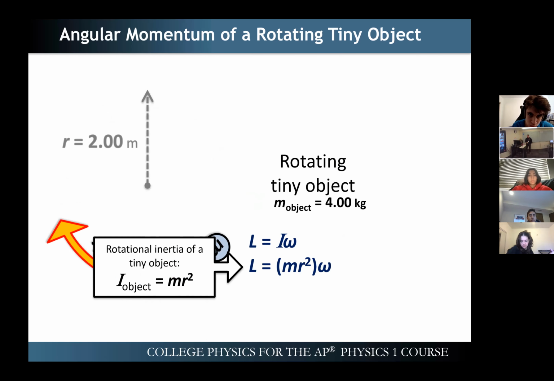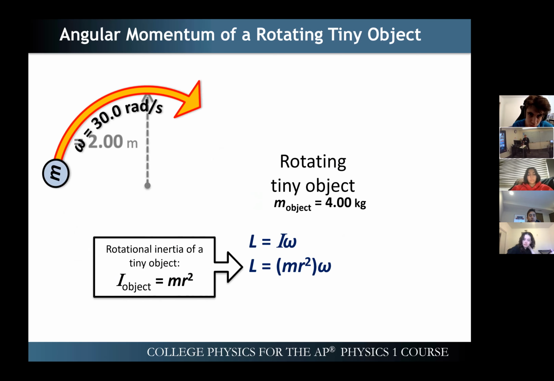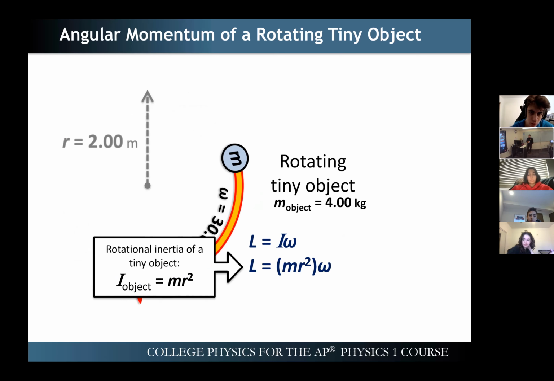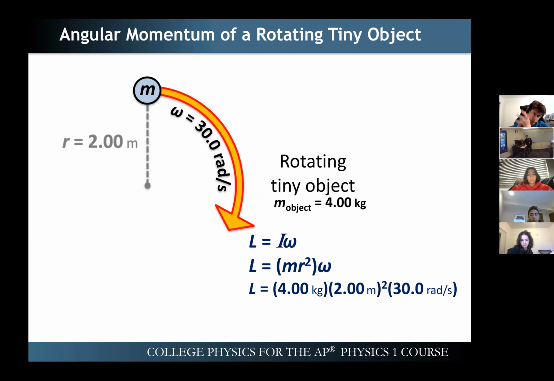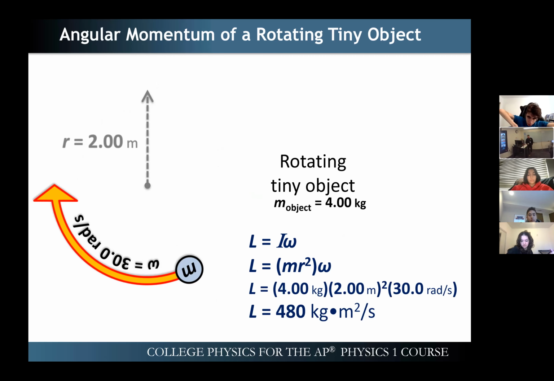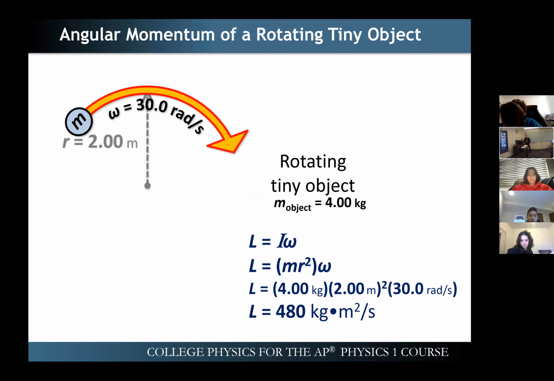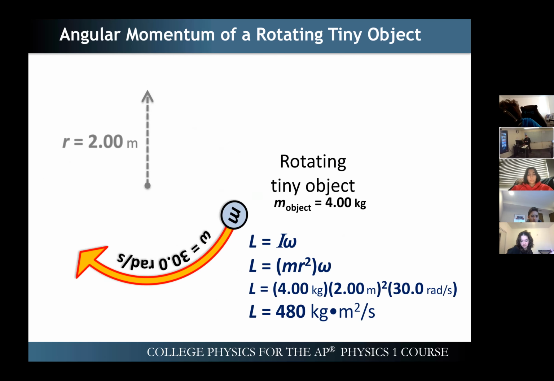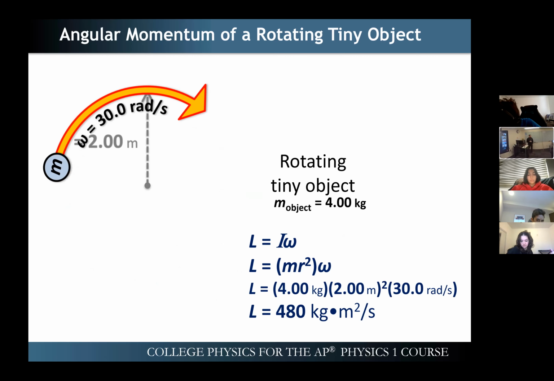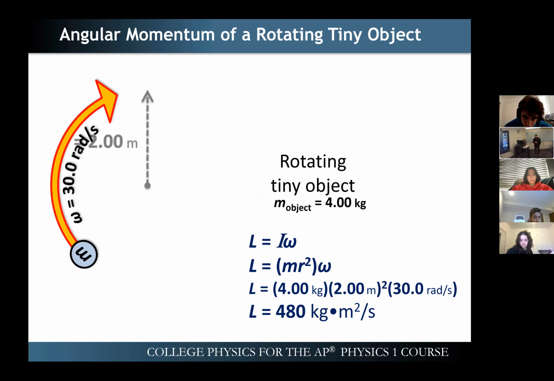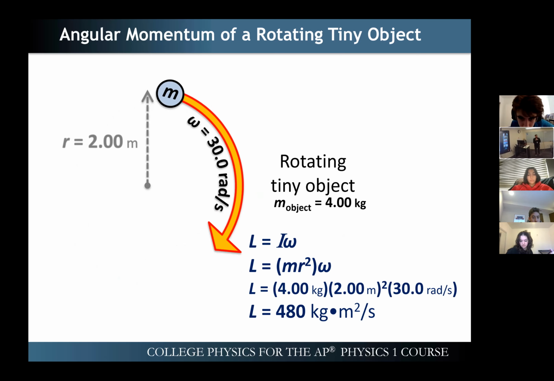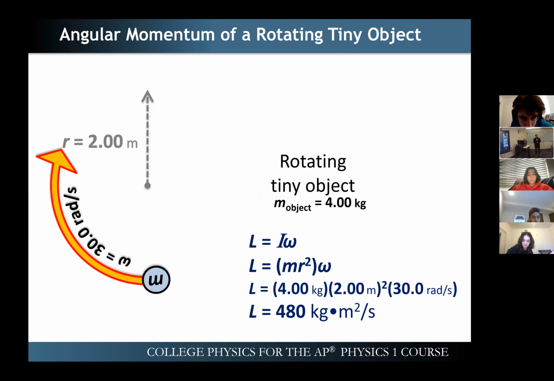So I, for a tiny object or a hoop, is mr squared. And so we know the m, we know the r, we know the omega. We can plug in all those numbers. And the momentum that this little particle has is 480 kilogram meters squared per second. That's pretty fast. Now, that's a pretty big value, but all the mass is compacted into that tiny space.